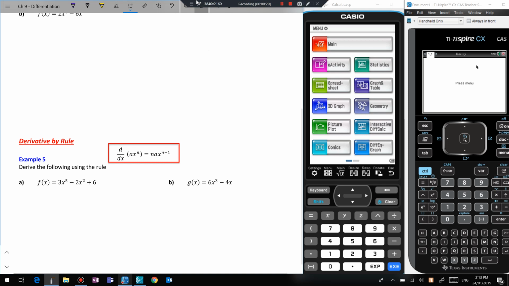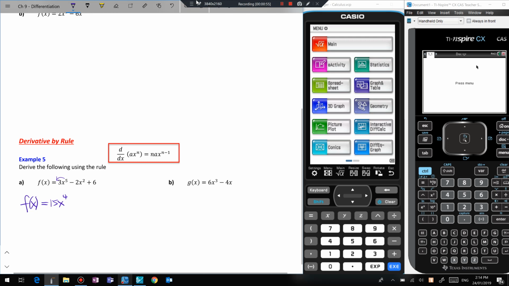Okay, so the rule for finding the gradient of the tangent, or the rule for its derivative, we bring our power down to the front. So bring that power down to the front, multiply it, so for f of x, 5 times 3 is 15, and then we subtract 1 from the power.